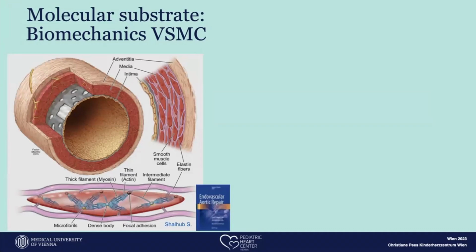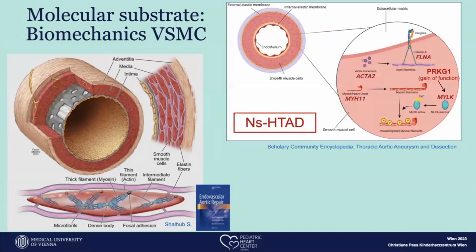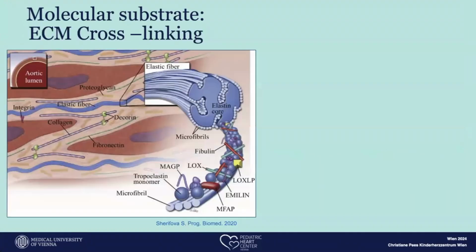You see here in red the muscular cells with the thin and the thick elements, and it's connected to the elastin fibers, the pinkish ones. And most of the non-syndromic hereditary thoracic aortic diseases are caused by genetic disorders in the thin or in the thick filament. We have a second molecular substrate, the extracellular matrix, which is in between the muscle cells.